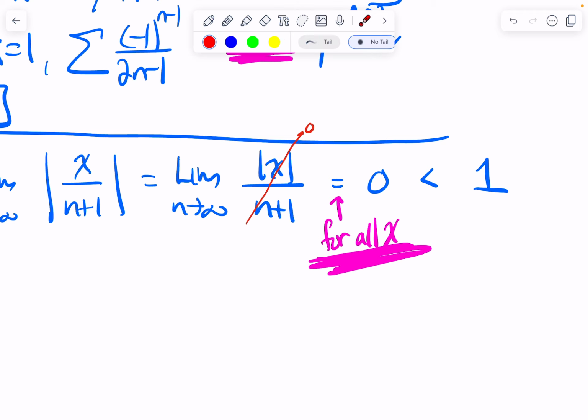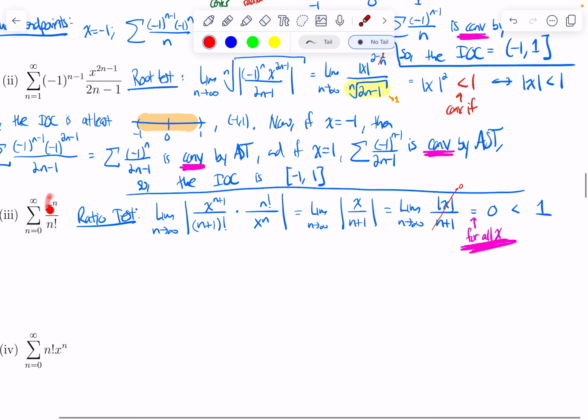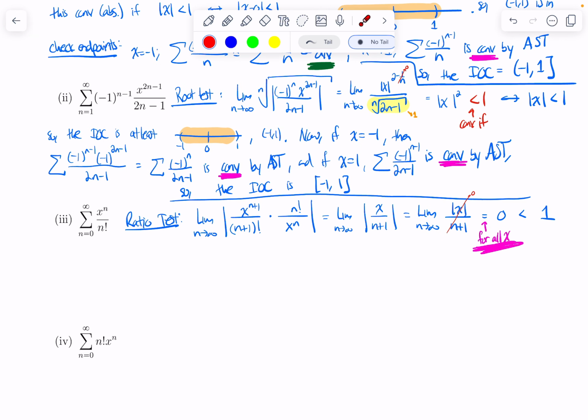There are literally no x values that won't do this. I could make x be a 49 and this limit is 0. Make it a negative 2 and the limit is 0. Make it a pi and the limit is 0. So that means no matter what x I put in here, this thing will converge by the ratio test. So we are convergent for all x values.